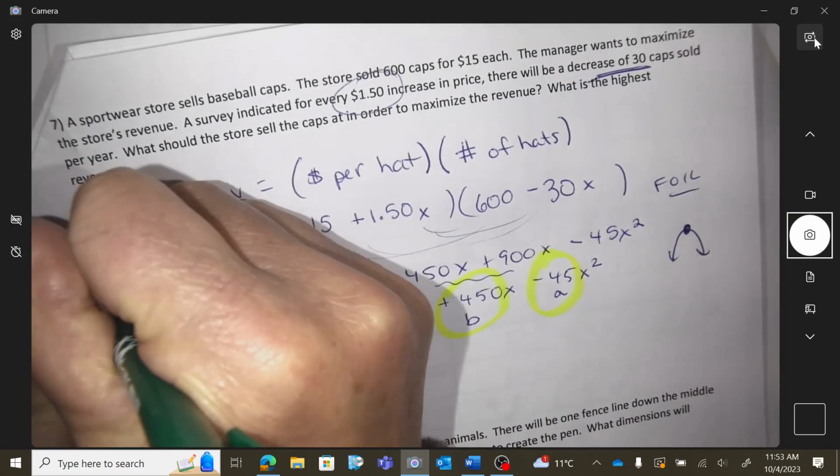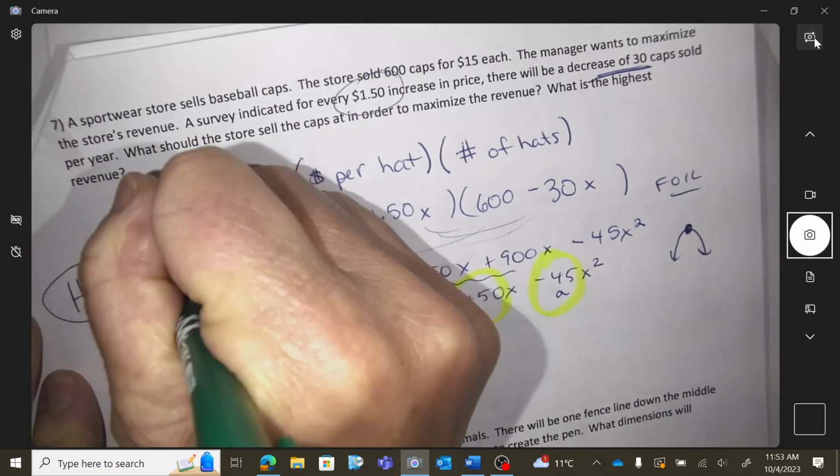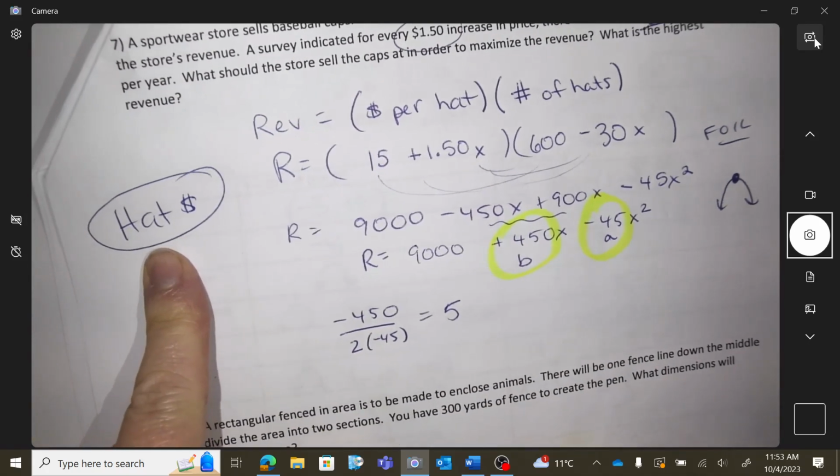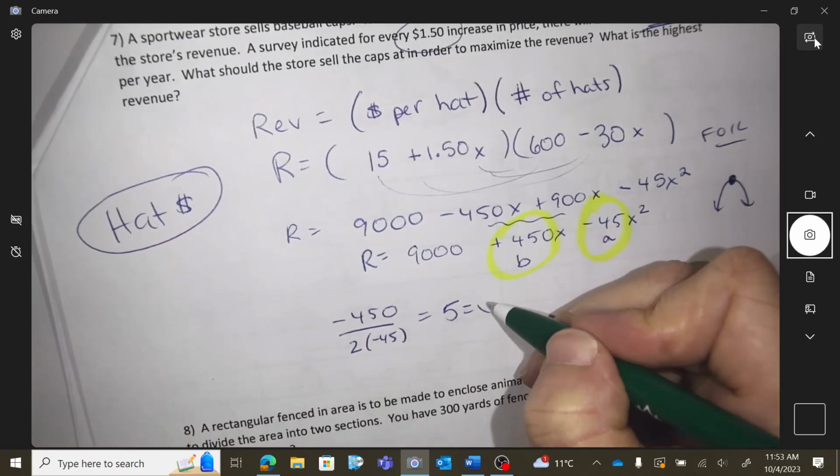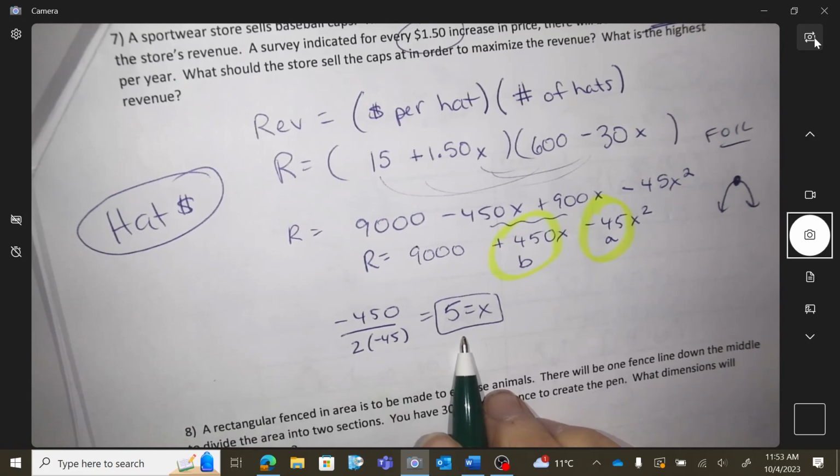So how much should each hat cost? We now know that X is 5, but the hat is not $5. That's not the answer. So what are you going to do?